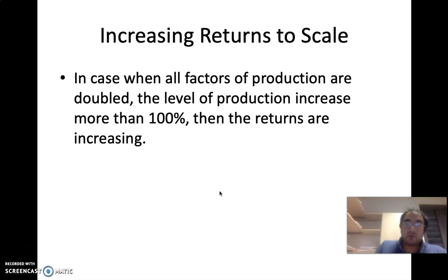We won't go into detail of that, but basically it's assumed that for each quantity, there is a different type of plant. Plant means production facility with infrastructure and machinery. So for each quantity, our company will make some variation in its production facility and its machinery.